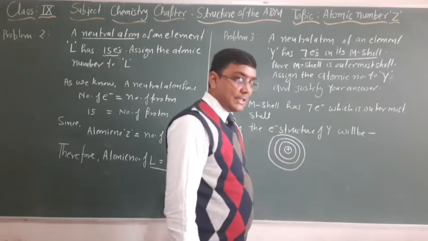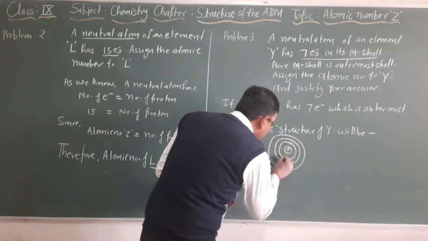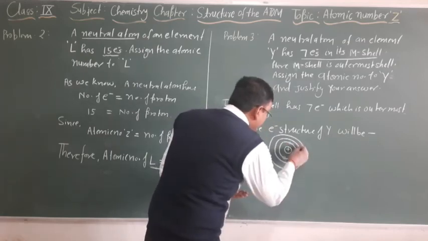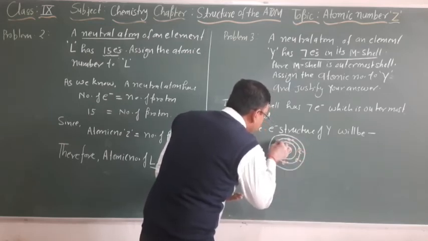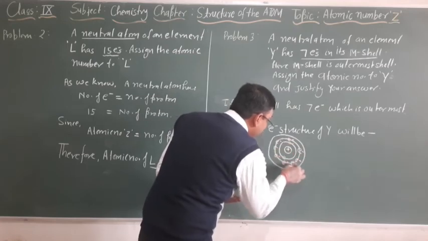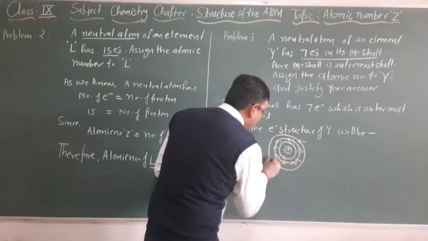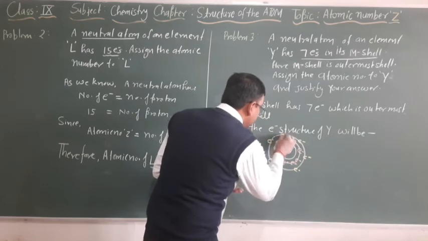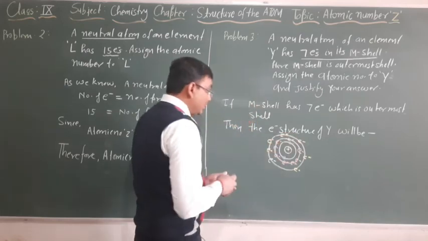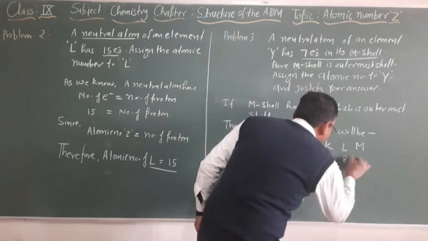The electronic configuration of Y will be: K has 2 electrons, L has 8, and the outermost shell has 7 electrons. So the electronic configuration K, L, M is 2, 8, 7.